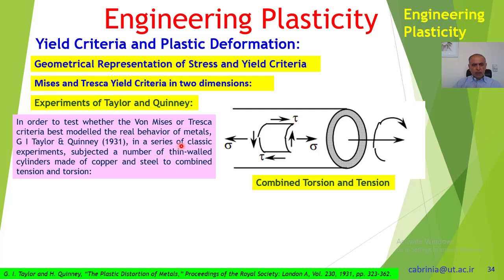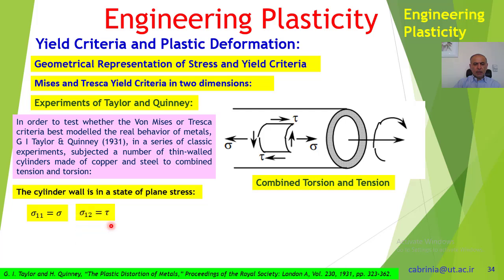As explained here, they carried out a series of experiments on a thin-walled cylinder made of copper and steel, and obviously we know from the strength of materials that under this combined loading we have normal stress and torsion, and that's the stress element.